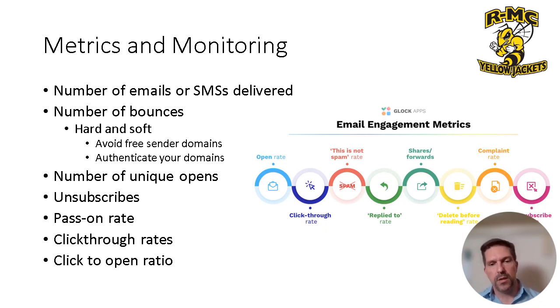That is telling, but a more telling metric that I really like is click to open ratio. This combines the number of opens and the number of clicks. In a way, it's telling you the quality of the offer. The subject line that you use was sufficiently enticing for people to open the message, but the click to open ratio is going to tell you how many of those that opened the message actually went ahead and clicked.